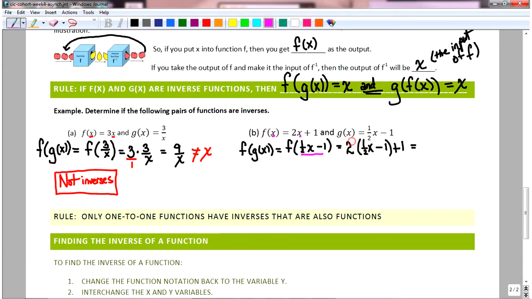Now make sure to distribute the 2 to both terms. 2 times 1/2 is just a 1x. 2 times negative 1 is negative 2. We still have the plus 1 on the end. So we end up with x minus 1. Since this does not equal x, we can stop and say that these are not inverses.